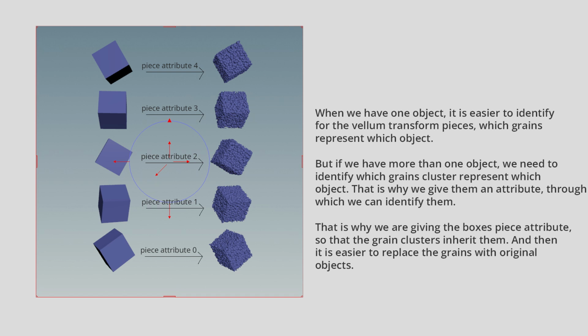After the simulation, it will be very confusing for the Vellum simulation or Houdini which grain cluster belongs to which object, which grain cluster we have to replace with which box. That is why we need to have a specific piece attribute or an identification attribute, so that our Vellum transform pieces know that this specific grain cluster will represent this specific box, and we have to replace that grain cluster with this box.